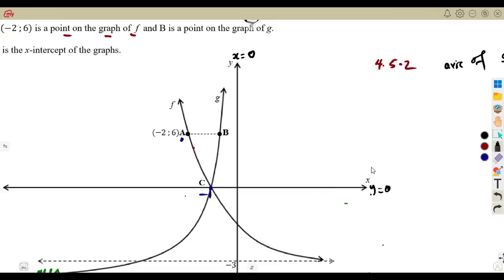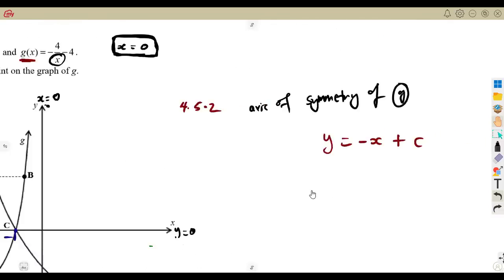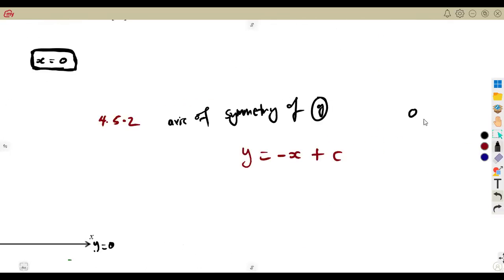The asymptote is affected. Remember we said that x is equal to 0. I mentioned that. And also another asymptote is at what? Minus 4. So that equation of the asymptote, the point, the 0 there and the minus 4. X is 0 and y is what? Minus 4.